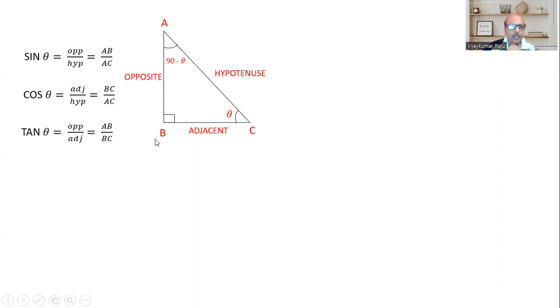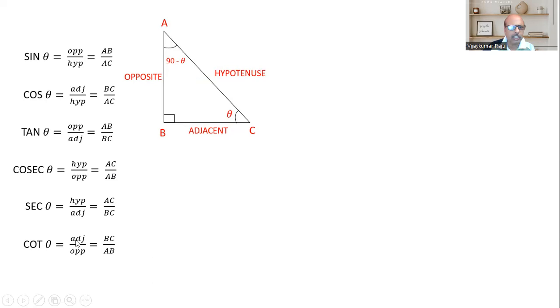Tan theta is opposite upon adjacent, that is AB upon BC. Cosec theta is hypotenuse upon opposite, that is AC upon AB. Sec theta is hypotenuse upon adjacent, that is AC upon BC. Cot theta is adjacent upon opposite, that is BC upon AB. These are the 6 ratios using the angle theta.